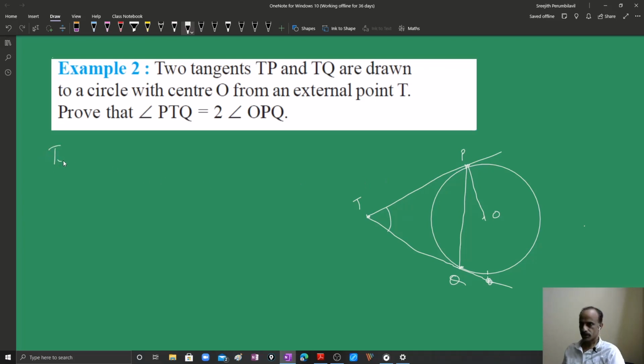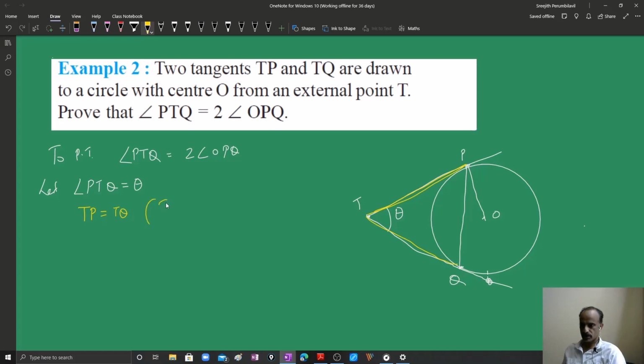To prove that angle PTQ is 2 times angle OPQ. Let us take angle PTQ as theta. Now when you look at this triangle, we know that TP is equal to TQ.